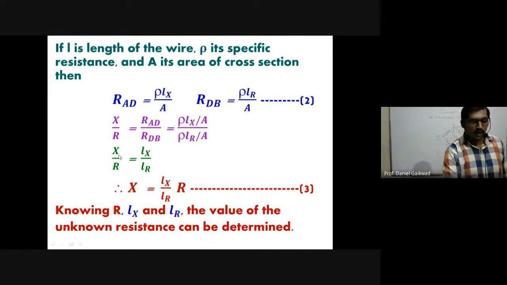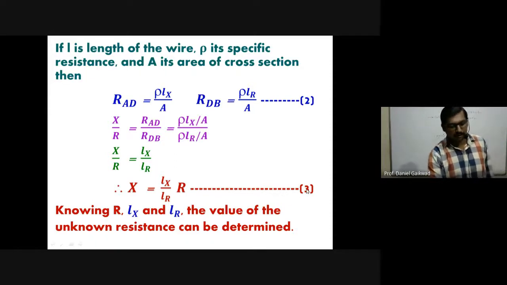What we obtain is X upon R equal to Lx upon Lr, or we write the equation for X as X equal to Lx upon Lr into R. So this is equation number 3 here.